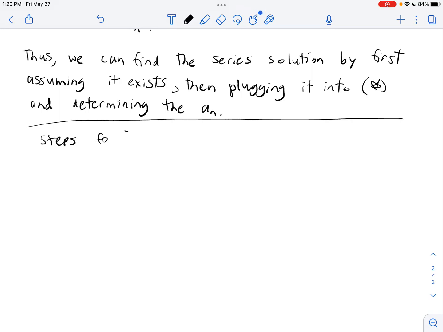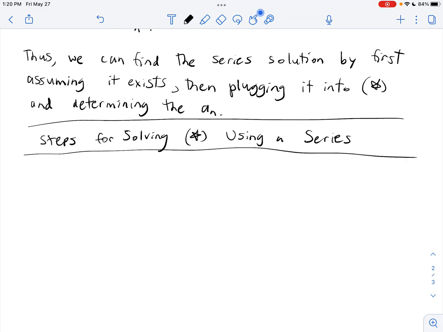Steps for solving a differential equation using a series. Step 1.